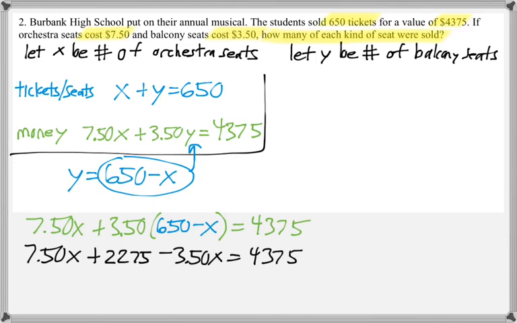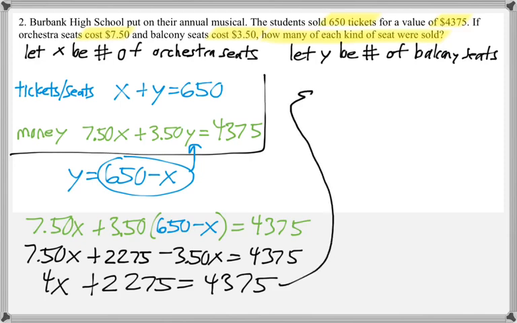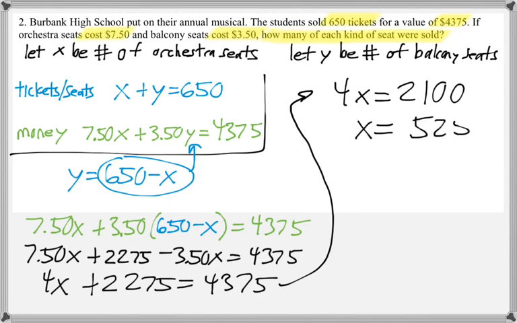And if I combine these, then I'm going to get 4x plus 2,275 is equal to 4,375. I want to move that 2,275 over. So 4x is equal to 2,100, divided by 4, and x is equal to 525.